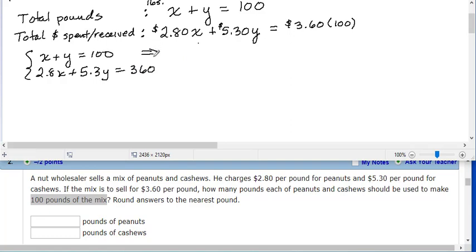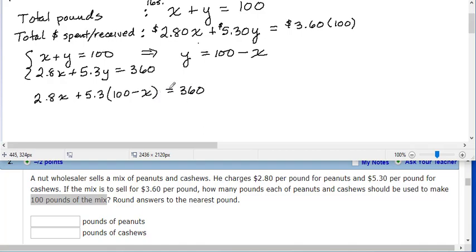I'll use my first equation and isolate a variable, so I'll isolate y by subtracting x from both sides. That will give me y equals 100 minus x. And then I will take the 100 minus x and I'll substitute it in for y in the other equation. 2.8x plus 5.3 times, inserting 100 minus x in place of y, will be 360.